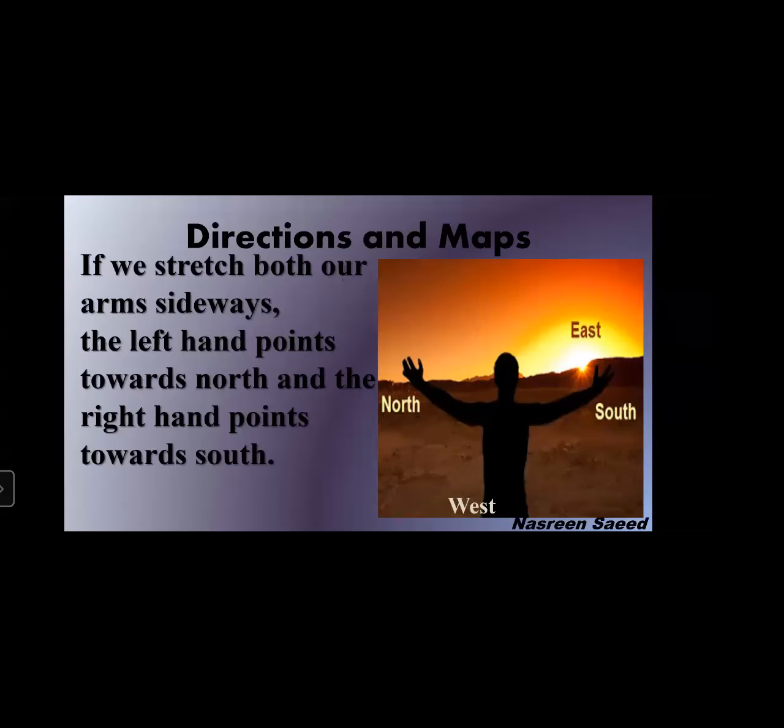So even if we are confused about the direction, our facing front side should be east, the rising sun. Automatically behind is west, our right side is south, our left side is north. This is very easy to remember. This way we can find out direction during the daytime.